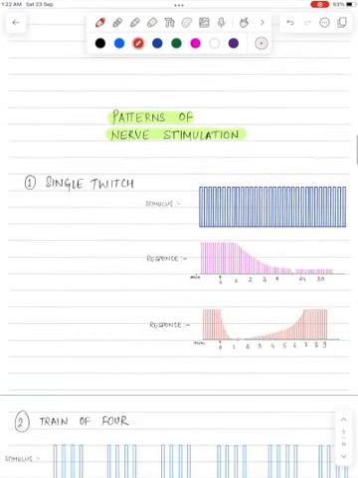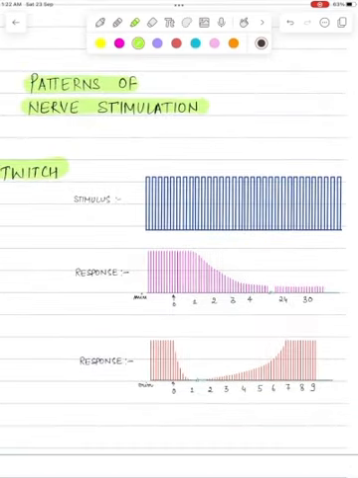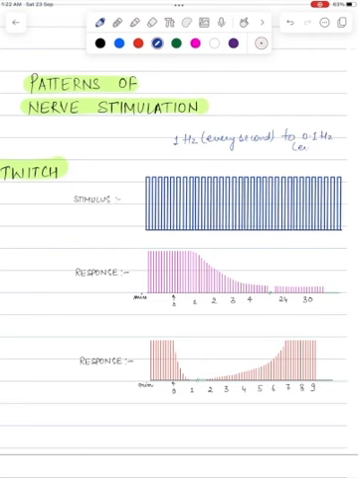So first we will talk about the single twitch. Now, in single twitch stimulation, single electrical stimuli are applied to the peripheral nerve at frequencies which range from 1 hertz, which is every second, to 0.1 hertz, which is every 10 seconds.